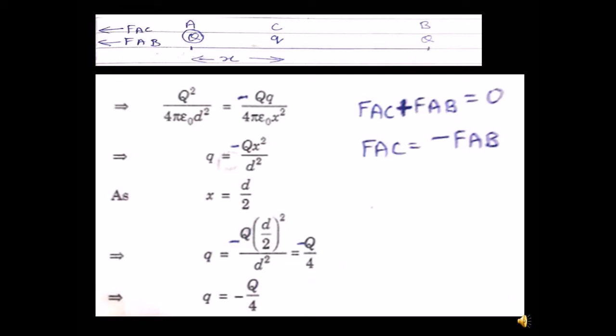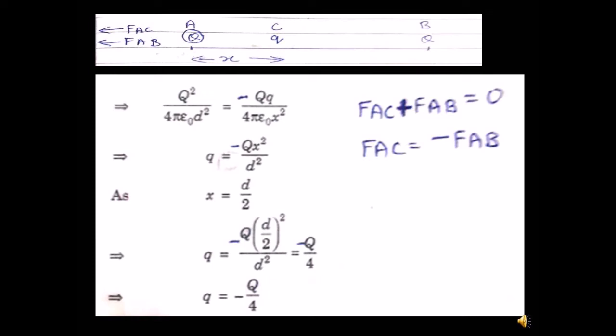Firstly we will find individual forces on capital Q charge at A. So in the diagram, FAC is the force on A by C, and FAB is the force on A by B. Now both the forces are towards left, because A charge is repelled by C charge, and A charge is also repelled by B charge.